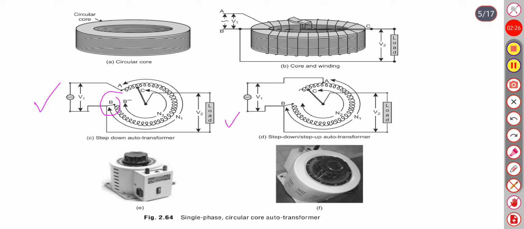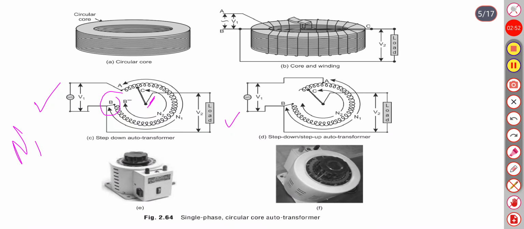So the number of turns for the primary winding is fixed, that is N1, but for the secondary winding, the number of turns depends on the position at which we take out the current from this pointer.